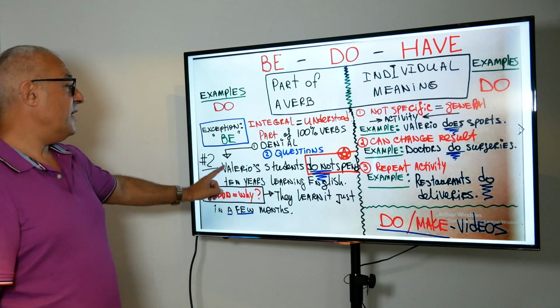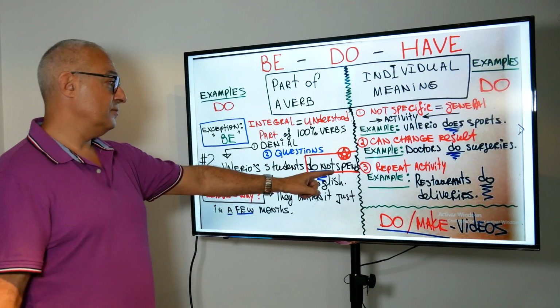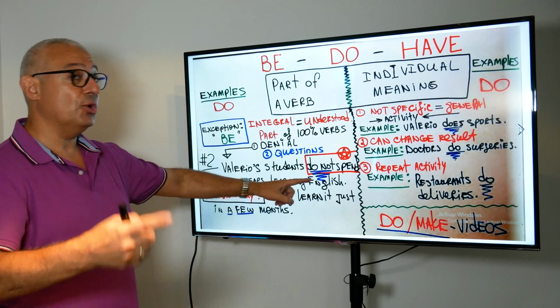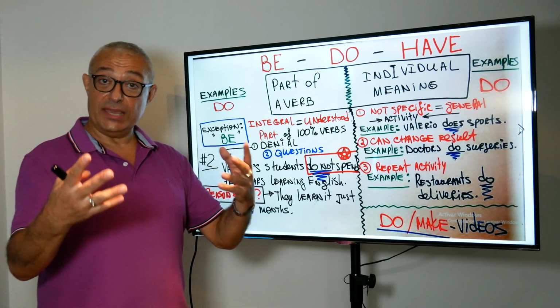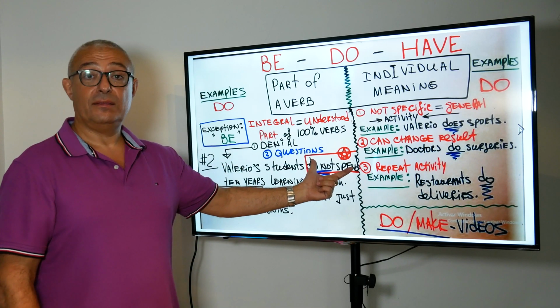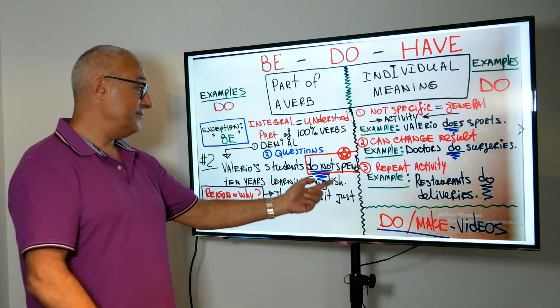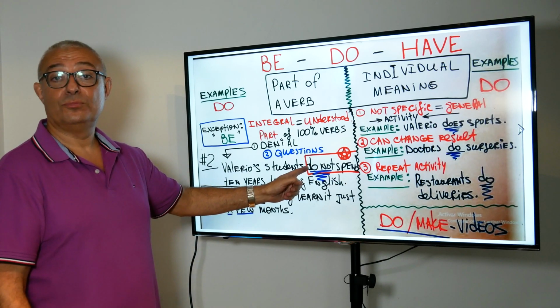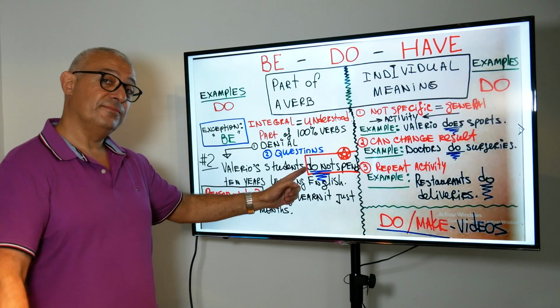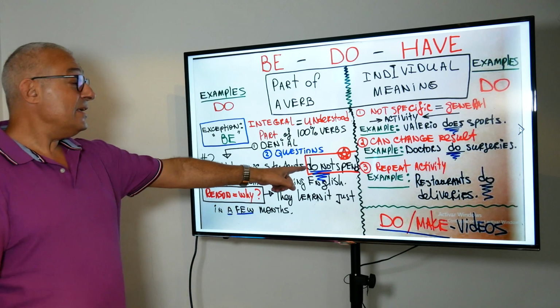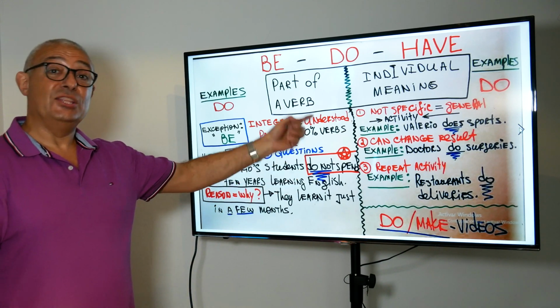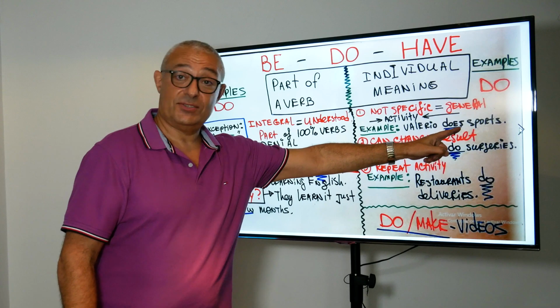So, Valeria's students do not spend 10 years learning English. This is your negative, which is the word spend, but because it's a negative, you have to use the word do, whether you like it or not. Why is it do in this case and does in another case?